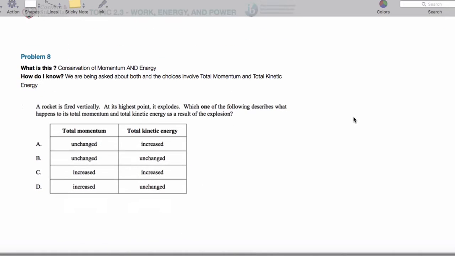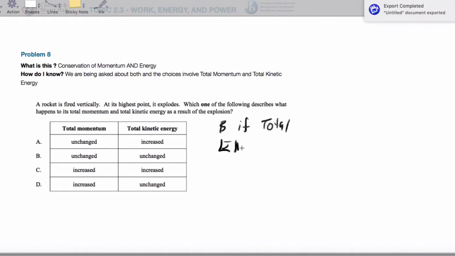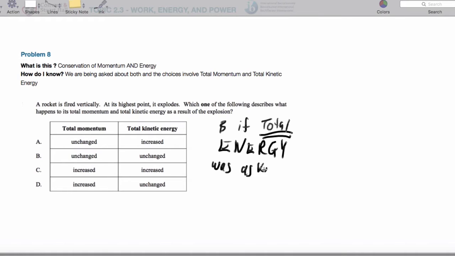Then, problem number 8, we have a rocket that's fired vertically, and we want to know what happens to the momentum and the kinetic energy as a result of the explosion. Now, if they had said total energy alone, choice B would be correct. But they're asking for kinetic energy.